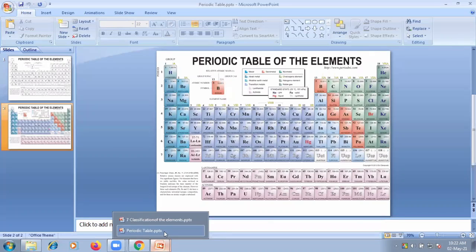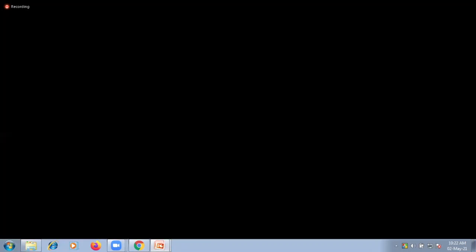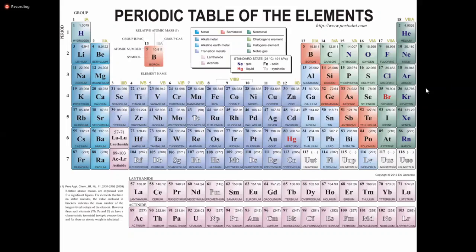How about the S and P group? That means the representative elements, the S and P block elements: groups 1 and 2, and 13 to 17, from here to here.